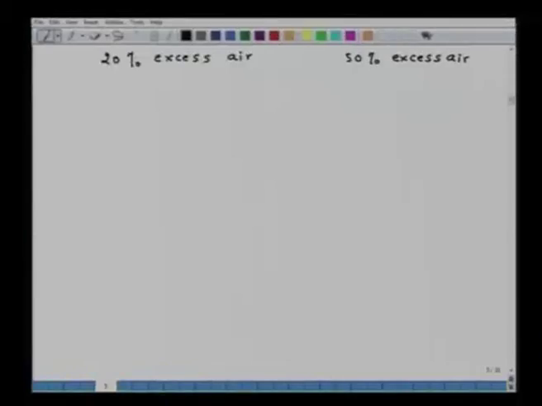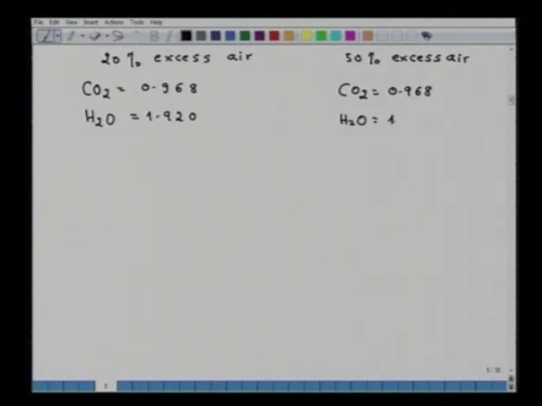So, again I have to do the material balance for both the cases. So, CO2 is equal to 0.968 because it will not change, for 50% excess air, CO2 is again equal to 0.968, H2O will also not change, 1.920, H2O 1.920. What will change?